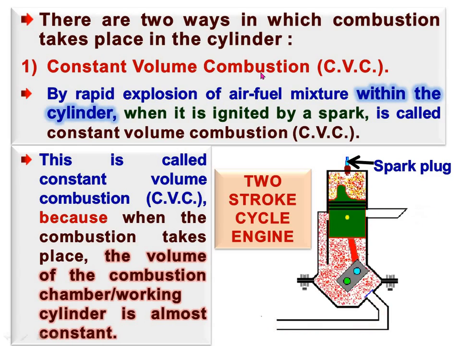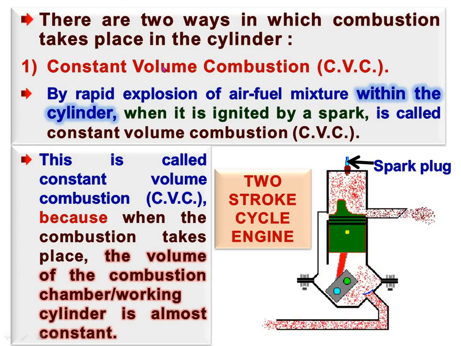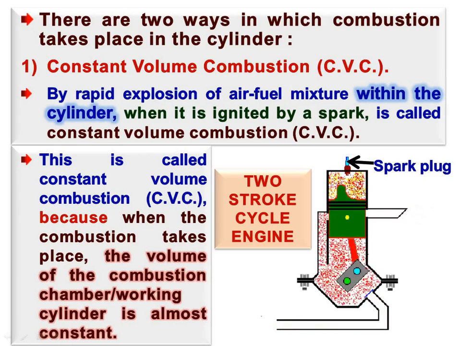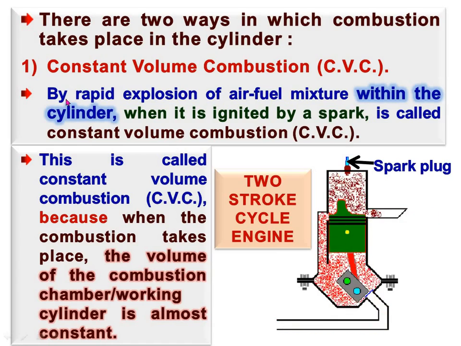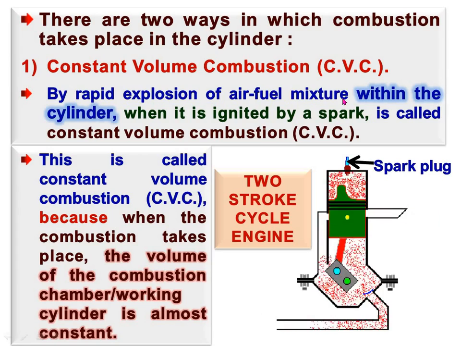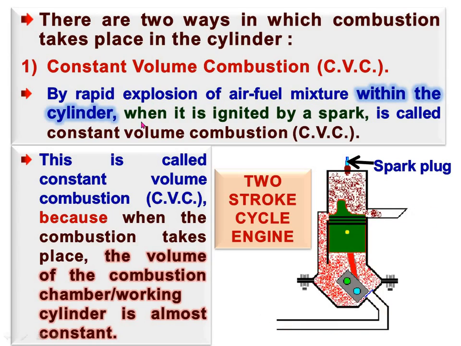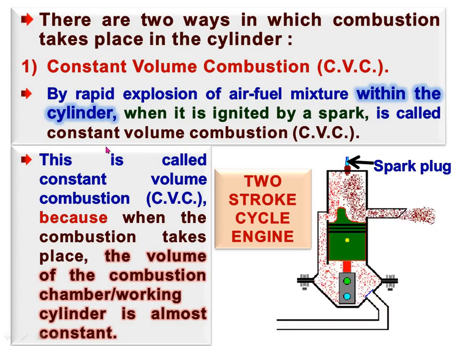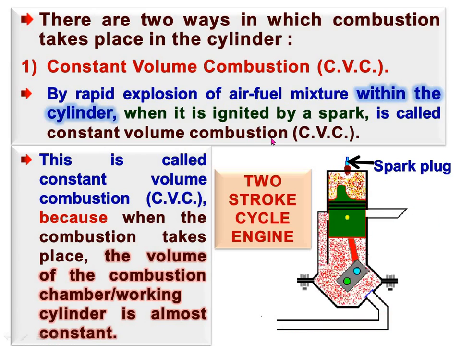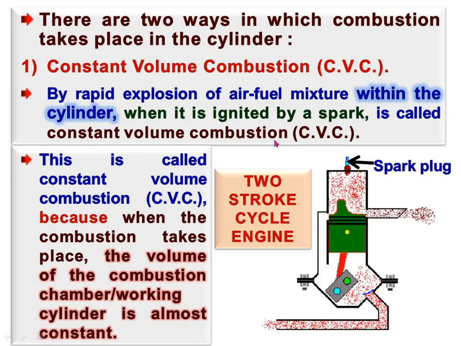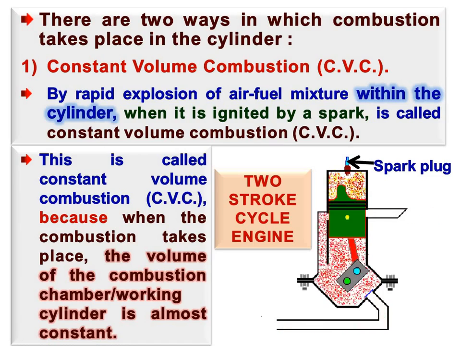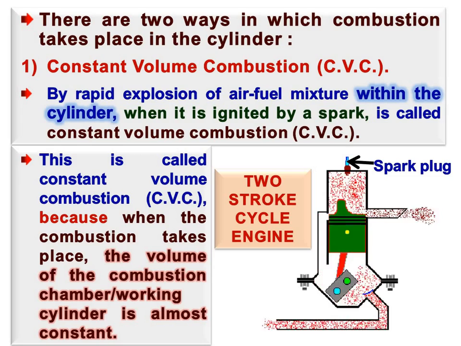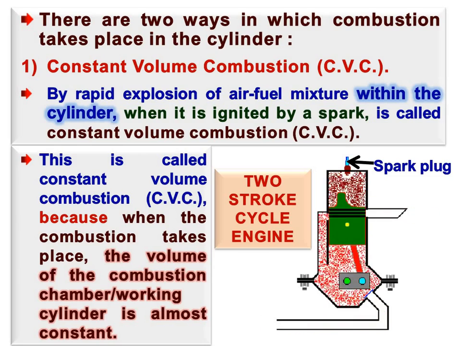Here the word constant volume is applied, so see why it is used. Rapid explosion of the air fuel mixture within the cylinder, when it is ignited by a spark plug, is called constant volume combustion. Means here the air fuel mixture within the cylinder is rapidly ignited.